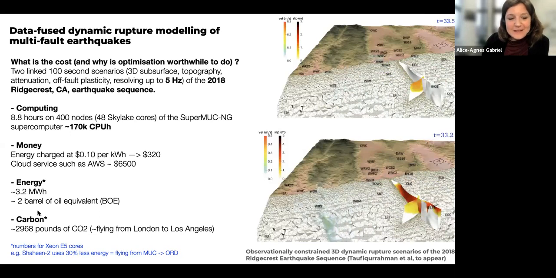And as a side note, these numbers are of course machine specific. So there's a strong push towards more energy efficient supercomputers, and that could reduce these costs significantly. So also from an environmental point of view, this is really worthwhile to think about optimization.